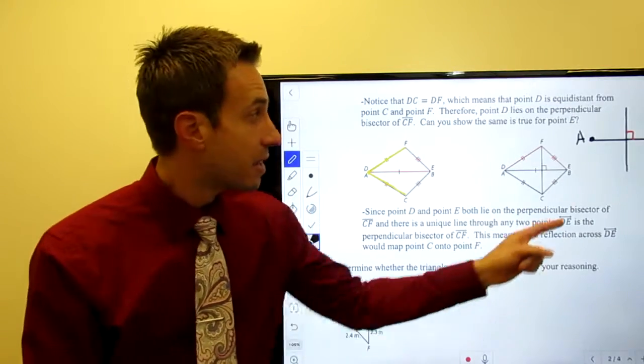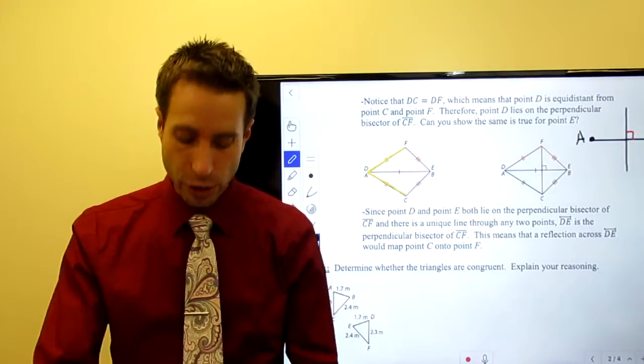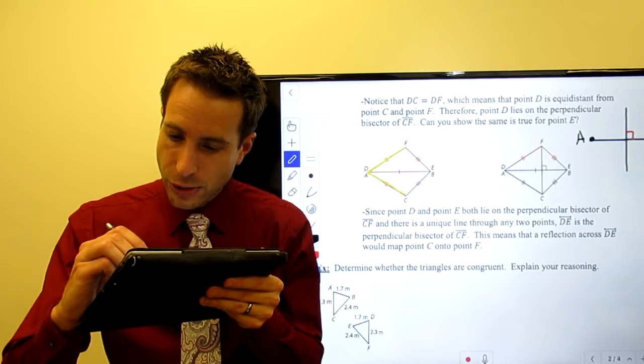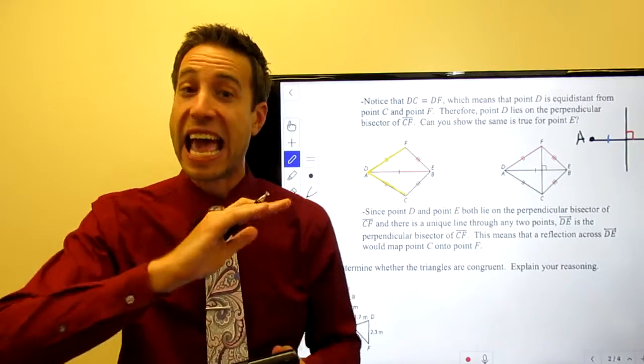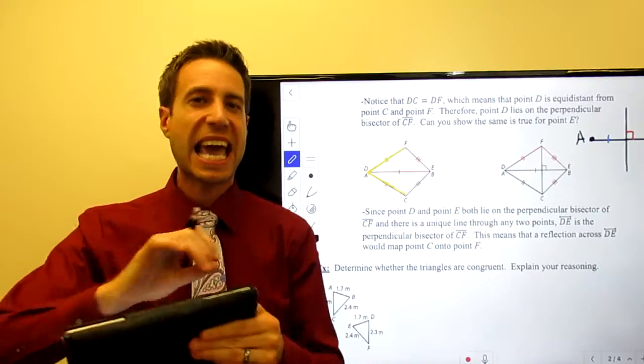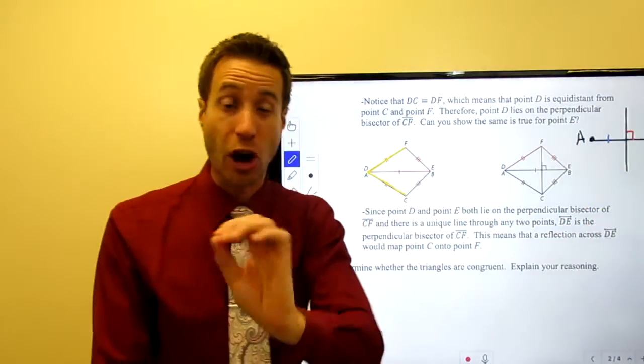Okay, if this line is a perpendicular bisector, here's what I know. I know that these two segments are congruent, and by definition, any point, pick any point you want to on that perpendicular bisector. I don't care where it is.